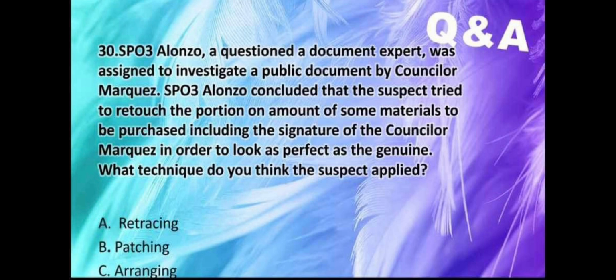Number 30. SPO3 Alonso, a questioned document expert, was assigned to investigate a public document by Councilor Marquez. SPO3 Alonso concluded the suspect tried to retouch the portion and amount of some materials to the purchases, including the signature of Councilor Marquez, in order to look as perfect as a genuine.